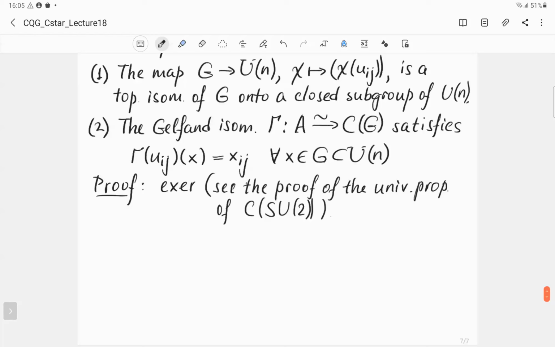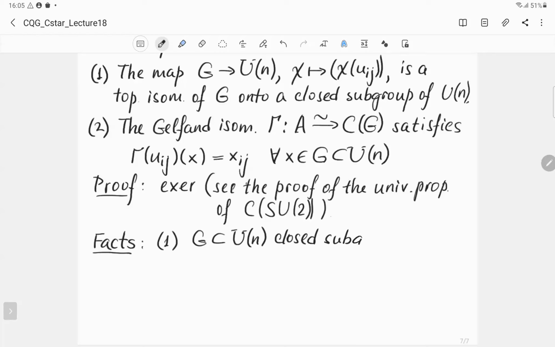Let's now, in conclusion, combine this result with some facts from the theory of Lie groups. The first standard fact is that if G is a closed subgroup in the unitary group, then G is a compact Lie group in a natural way.